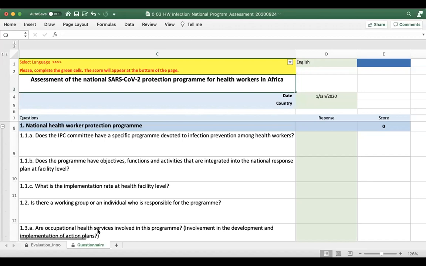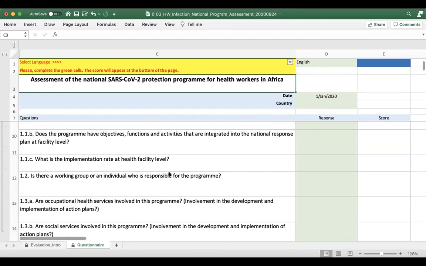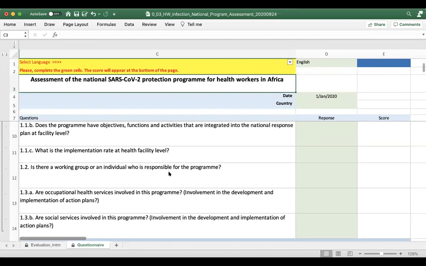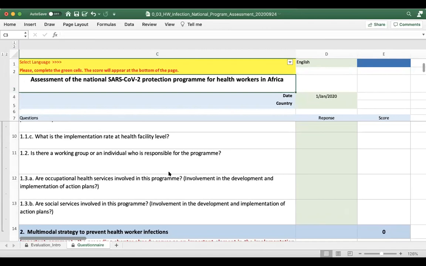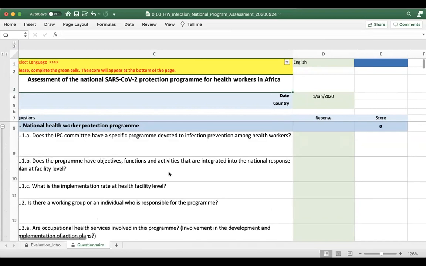The first priority in the national program for health protection is component 5, investigation of exposure and confirmed cases. The second priority will be the epidemiological surveillance of healthcare workers' infection. And the third priority will be a national strategy to manage workers' exposure, infection, and the return to work.